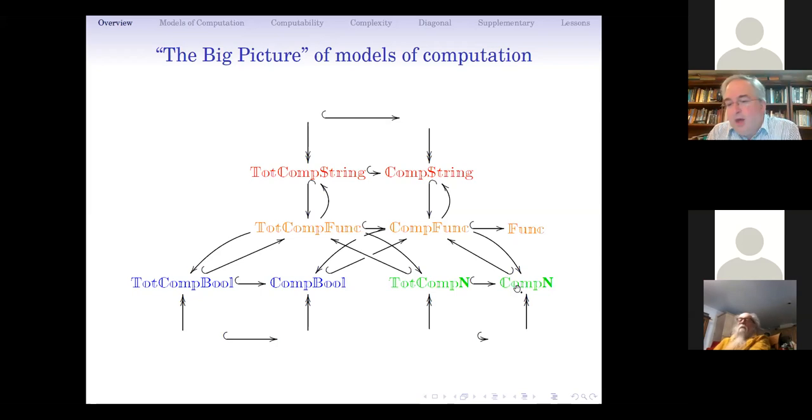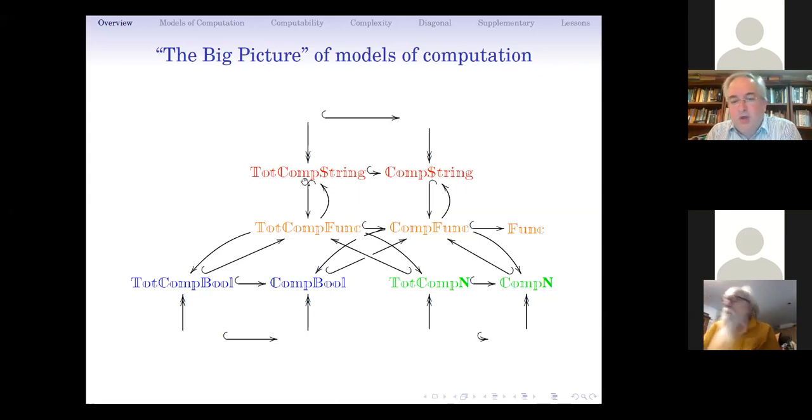Here you have a subcategory of computable functions, a full subcategory, where the types are powers of natural numbers: natural numbers squared, natural numbers cubed, et cetera. And here you have Boolean functions, and those are going to be strings of Booleans, strings of Booleans squared, pairs of them, strings of Booleans cubed, triples of them, and we go on.